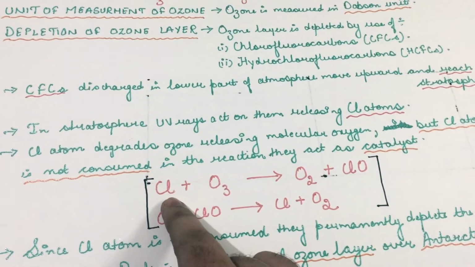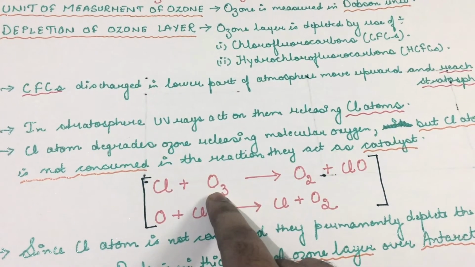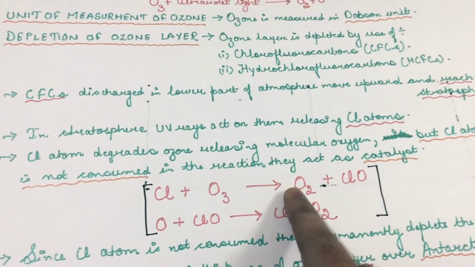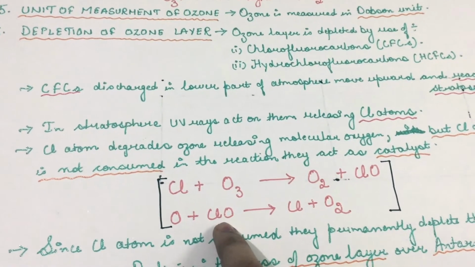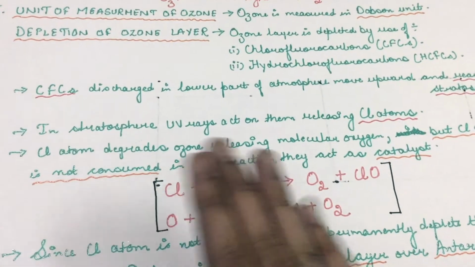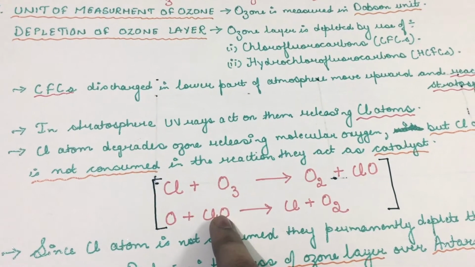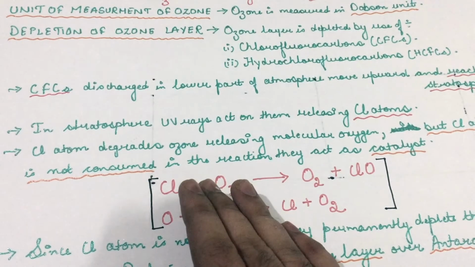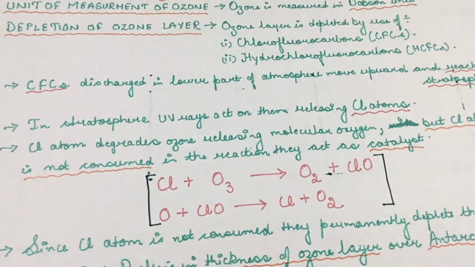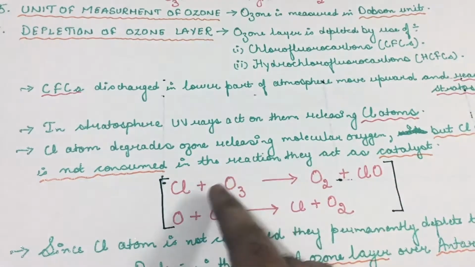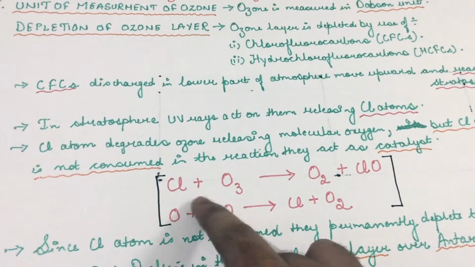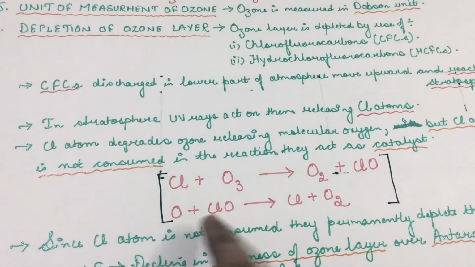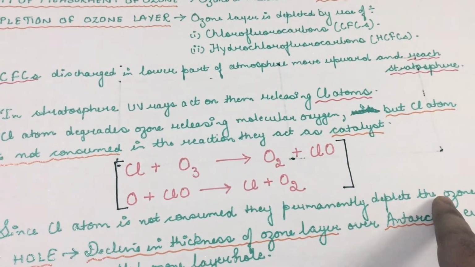This chlorine atom degrades the ozone layer, releasing molecular oxygen. But remember that the chlorine atom is not consumed in the reaction, and it acts as a catalyst. Since the chlorine atoms are not consumed, they will permanently damage the ozone.